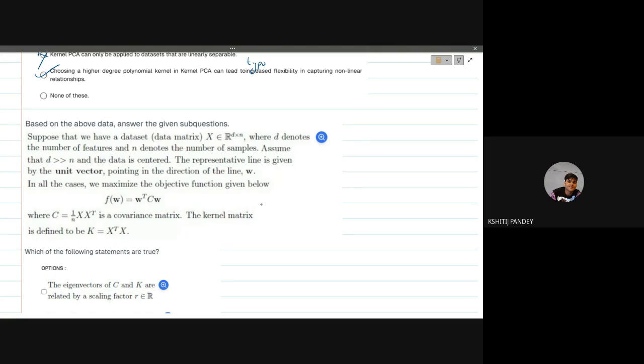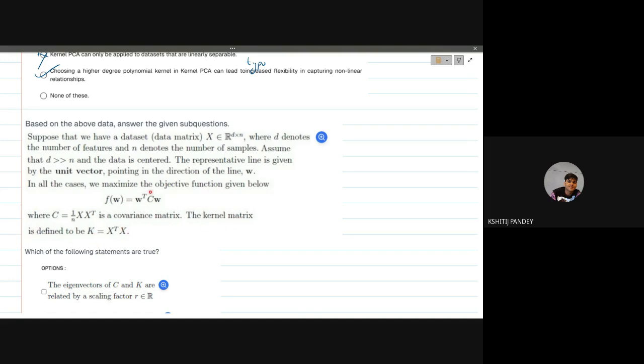The representative line is given by the unit vector pointing in the direction of the line, W. In all cases, this is the objective function we want to maximize, right? We have already discussed this. And C is your covariance matrix, and the kernel matrix is defined like this.